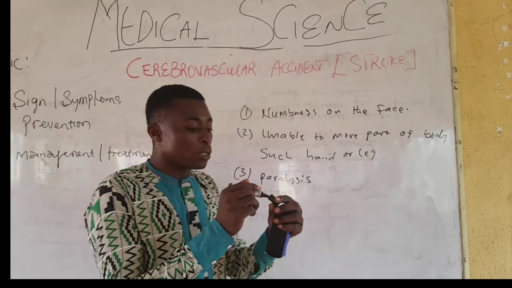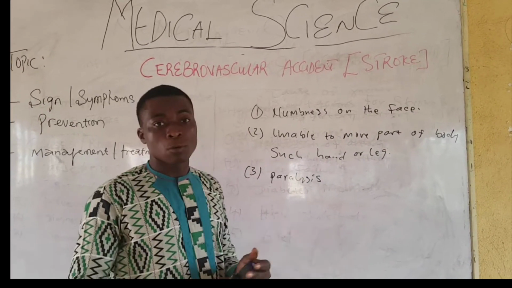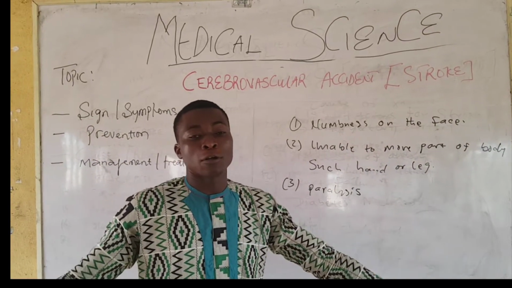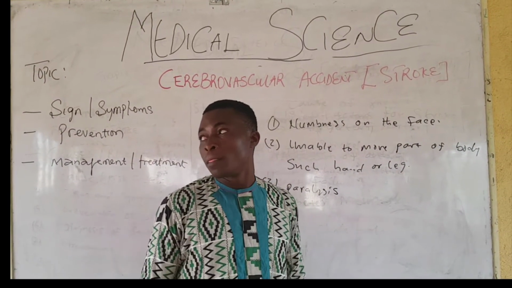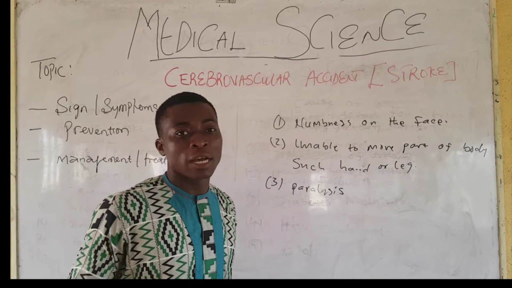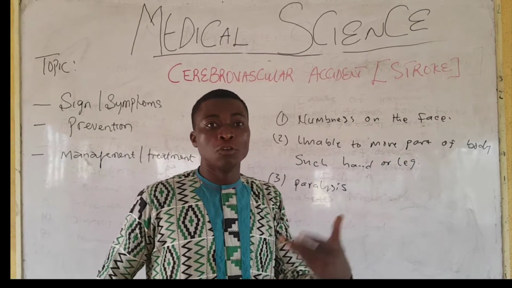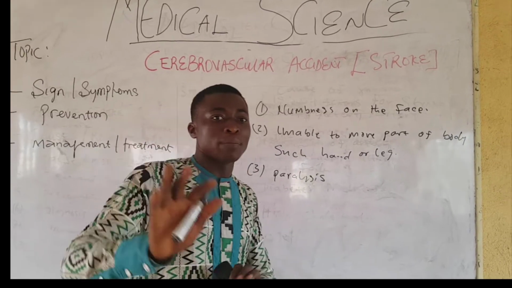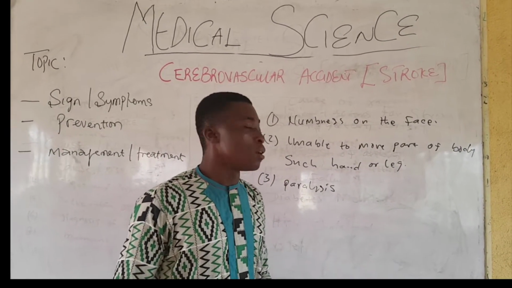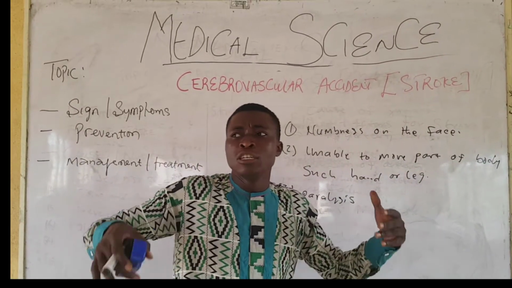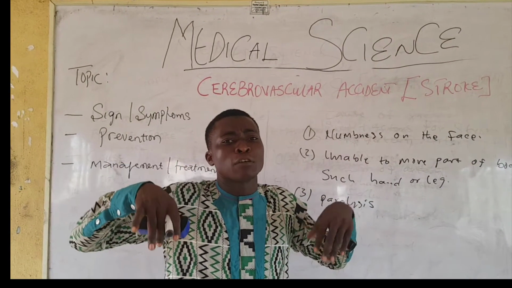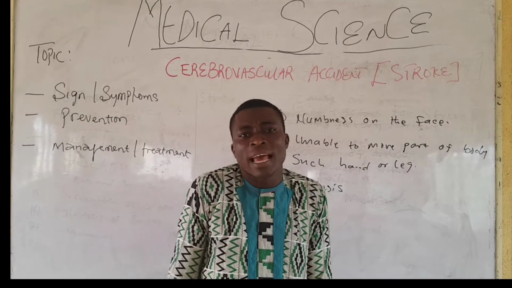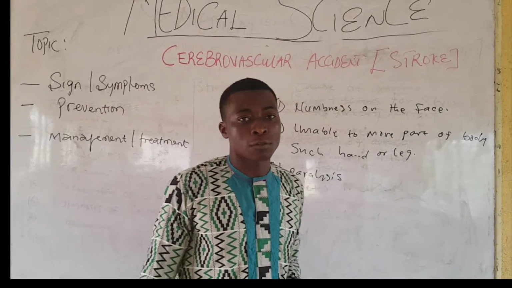I will discuss paralysis more in our subsequent lecture, because we have many types of paralysis, like quadriplegia, paraplegia, monoplegia, and other plegias, depending on the part of the body that is affected. But paralysis is the inability of any part of the body, like the hand or the leg, to move; it becomes paralyzed. So it is one of the signs and symptoms of stroke.